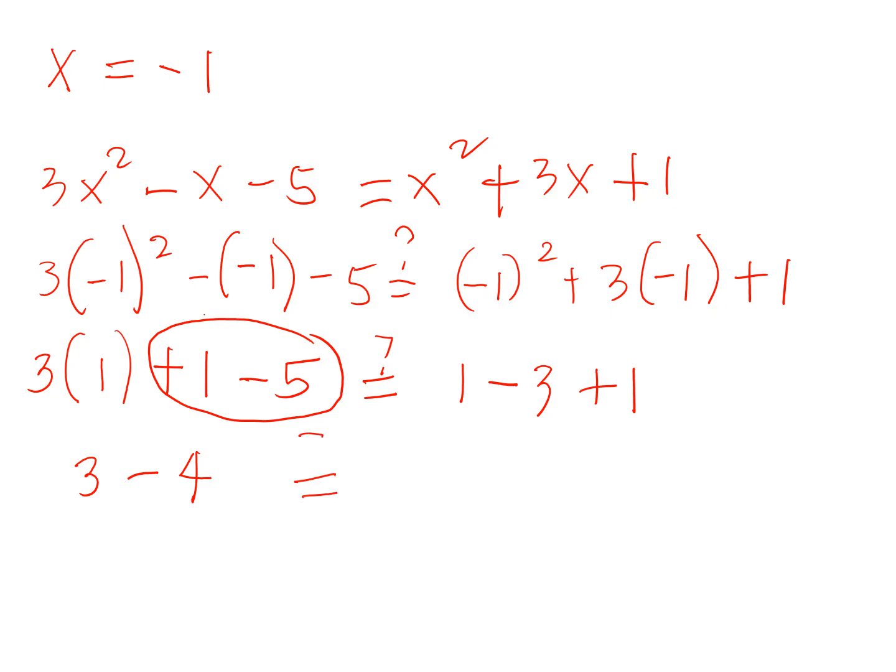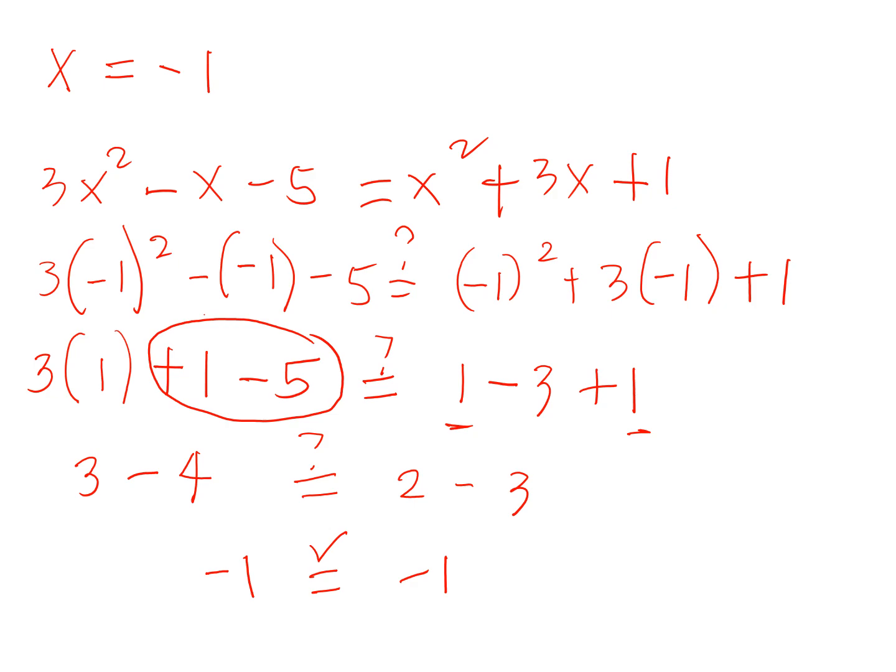So, is it equal to, this is combined here, 2. So, 2 minus 3. Again, 3 minus 4, that is negative 1. Here also, 2 minus 3, that is negative 1. So, negative 1 is equal to negative 1.